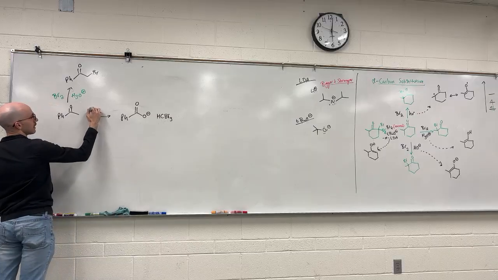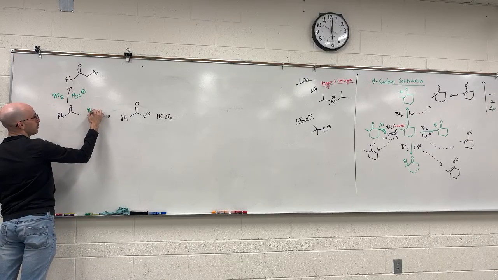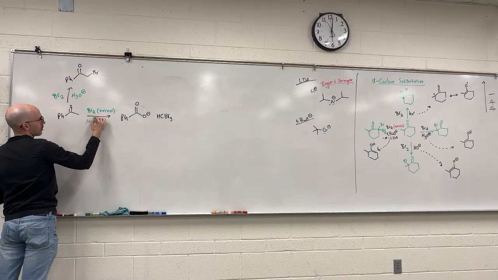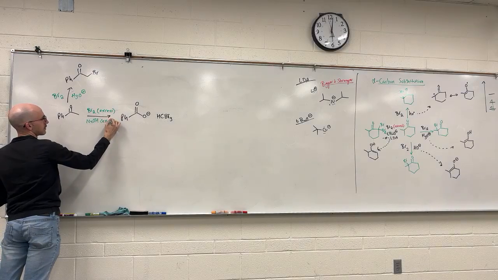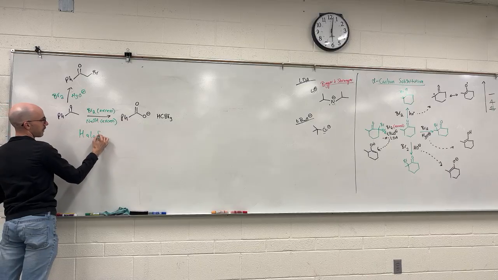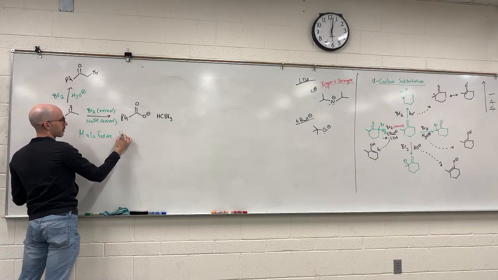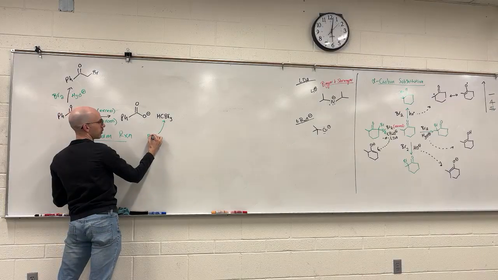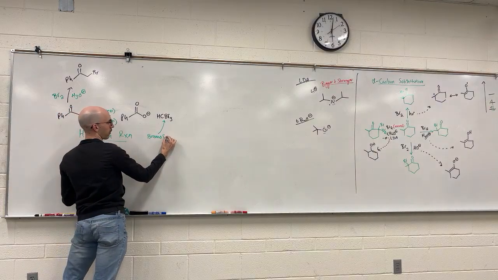So this is typically done with Br2 in excess and NaOH in excess. And this is called the haloform reaction. This compound up here is called bromoform.